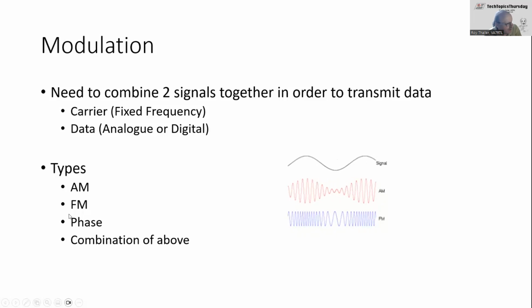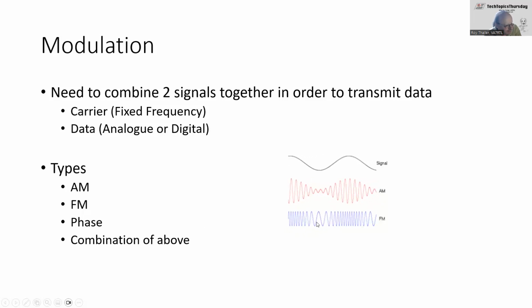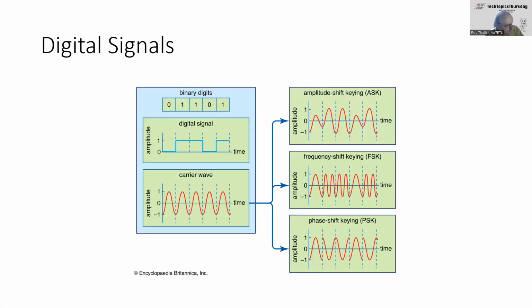And then you can also have FM modulation, where the amplitude is constant, but you are changing the frequency. And then you can do phase, which basically means changing the position of where this crosses the center line. And then you can have a combination of all three, which is fairly common in cell phones.